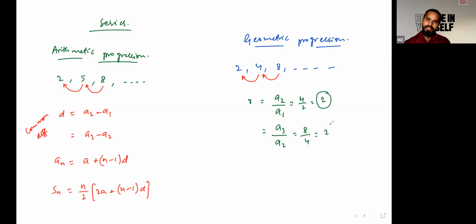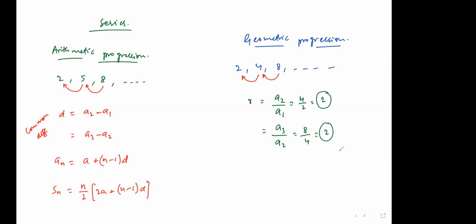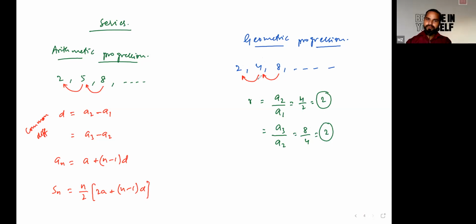Just see this part and this part. Are they equal or not? Yes, sir. So we can say if a series has a fixed ratio, or common ratio, this series is called a geometric progression.